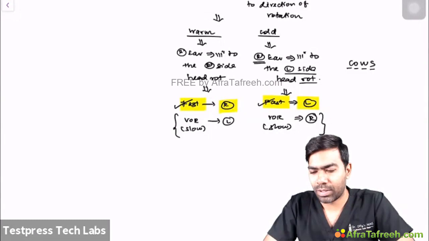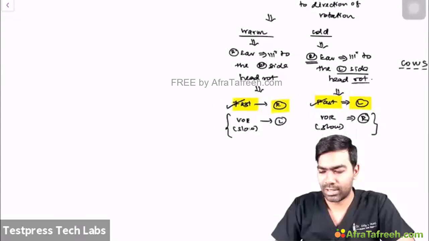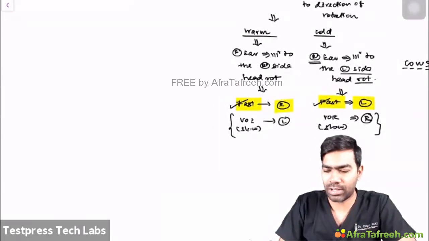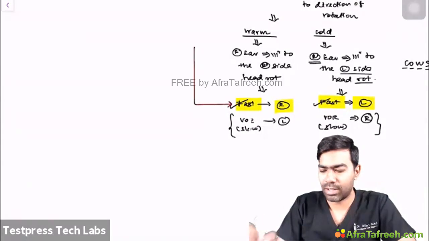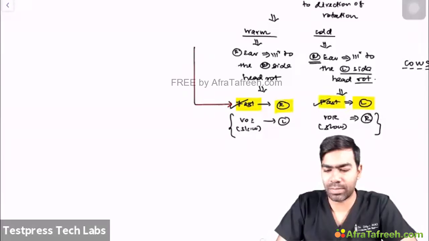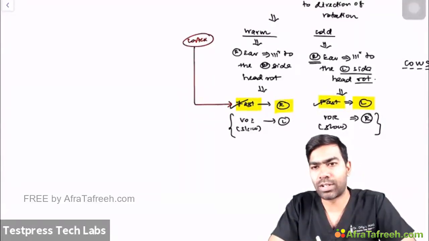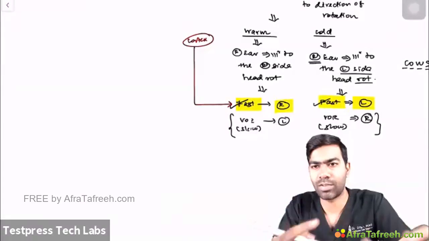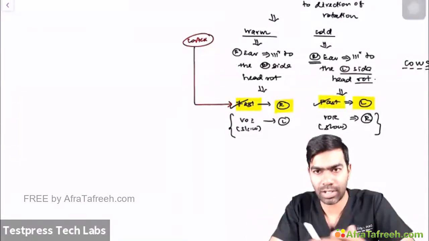Okay, fine. But more importantly, one small point that you need to understand is, in a comatose patient, this will not be possible. In a comatose patient, this fast component will not happen. Why? Because this fast component happens because of strong influence from the cortex. Without that cortical component, this fast component will not happen, which means that mimicking a simulation like that of a head rotation will happen only if the cortex is intact.